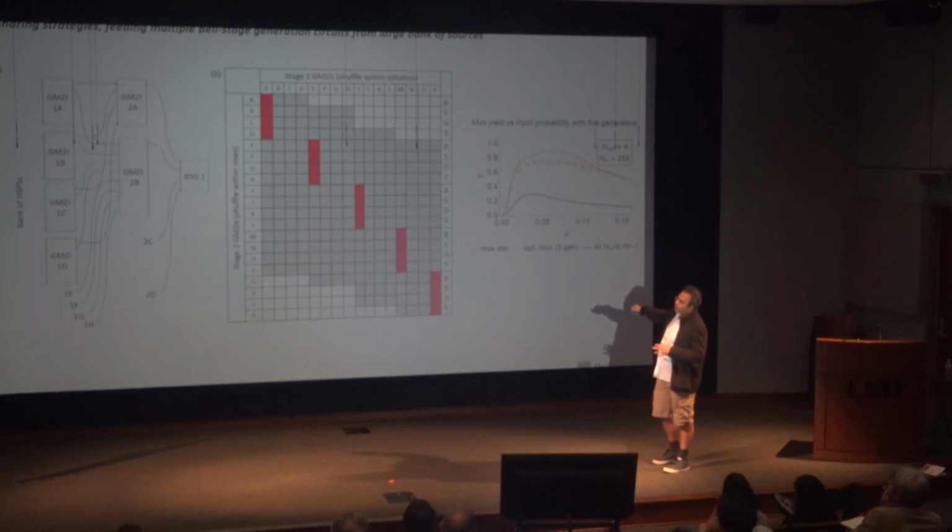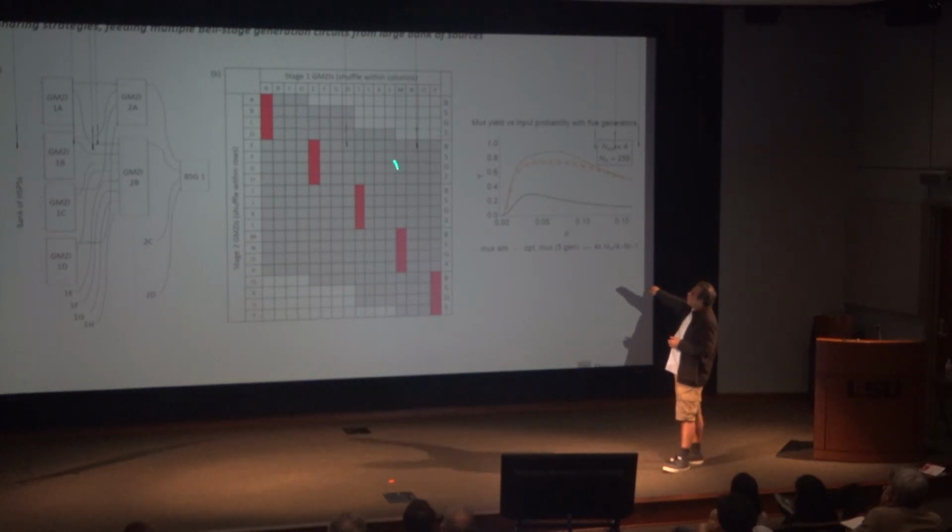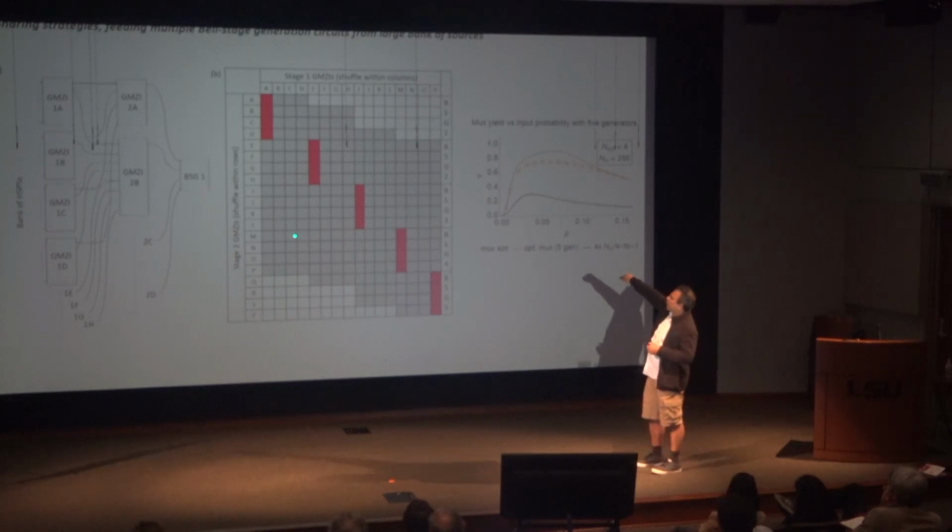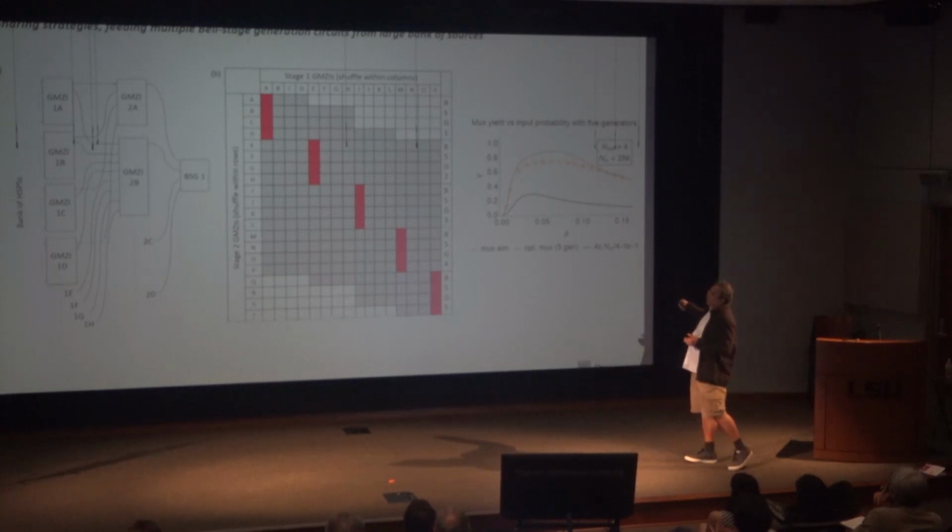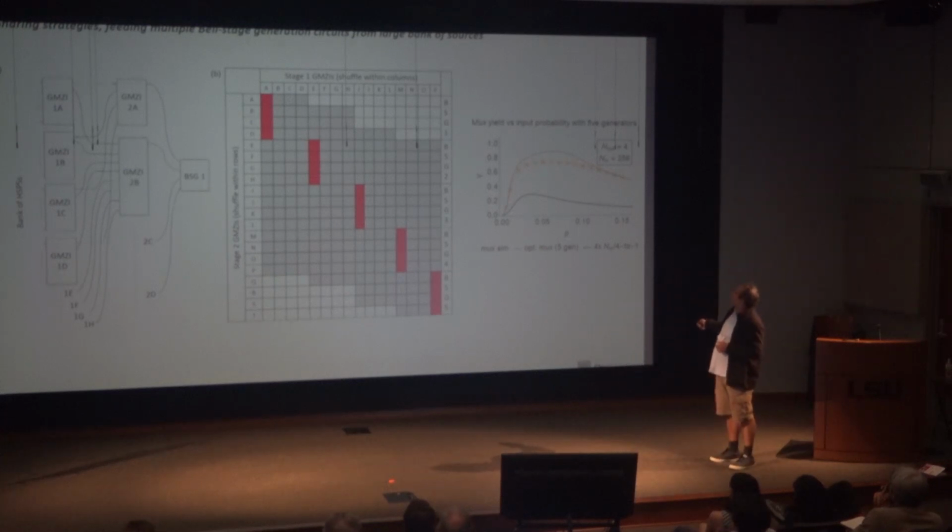The grey squares here represent all the inputs. They will be probabilistically occupied at the beginning. Our first layer of GMZIs allows us to push across the columns, and the second layer across the rows. And you can write down a simple algorithm to try and populate all these outputs. Such a thing is very close to the optimal efficiency you can ever achieve.